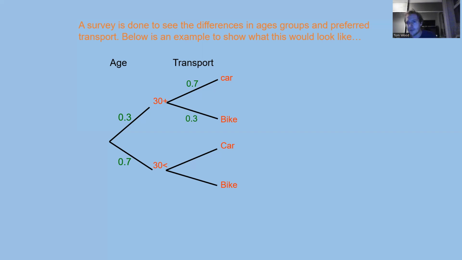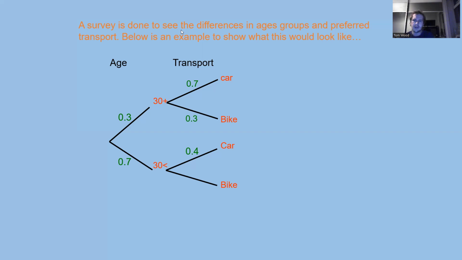Okay, let's look at our under 30s then. We spoke to these guys and it turned out that 40% of them traveled by car. What percentage preferred to travel by bike? I'm liking the speed of the answers here. With this, you could give your answer as a percentage, as a fraction, as a decimal. I'd say give it probably as a decimal because it keeps the theme.